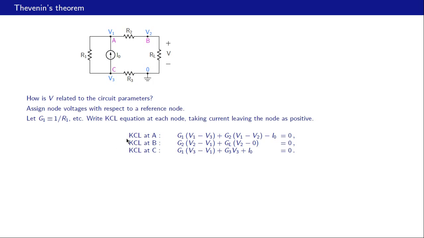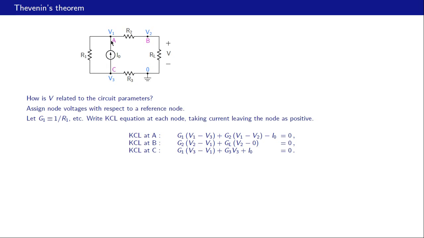Let us look at KCL at node A. That is our node A. We have three currents entering or leaving node A. There is one current going like that, and that is (V1 minus V3) divided by R1. So that is G1 times (V1 minus V3). And since that current is leaving this node, we will take it as positive.